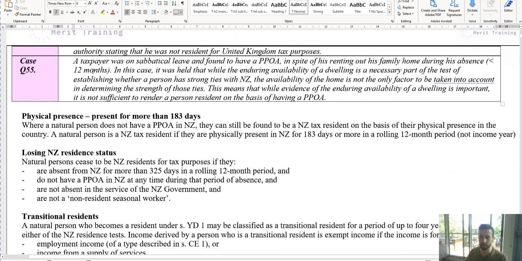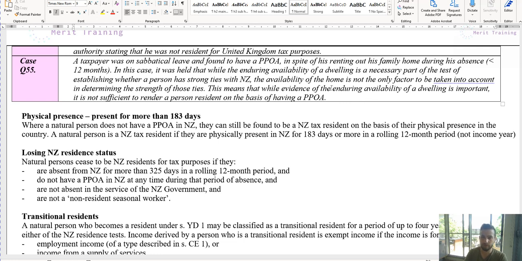Then the final case that we're going to go through is Q55, and this is about a taxpayer who was on sabbatical leave, and they were found to have a PPOA in spite of renting out his family home during his absence, which was less than 12 months. In this case, it was held that while ensuring availability of a dwelling is a necessary part of the test in determining whether someone's got strong ties, the availability of the home is not the only factor.